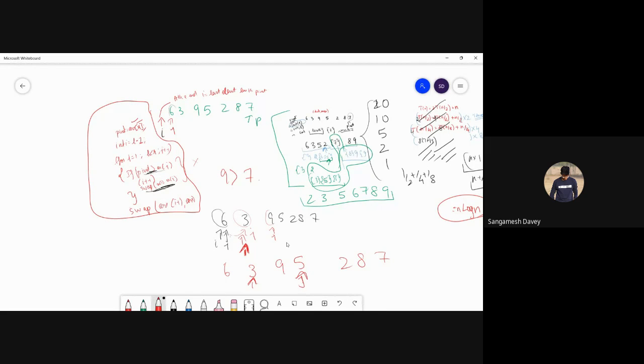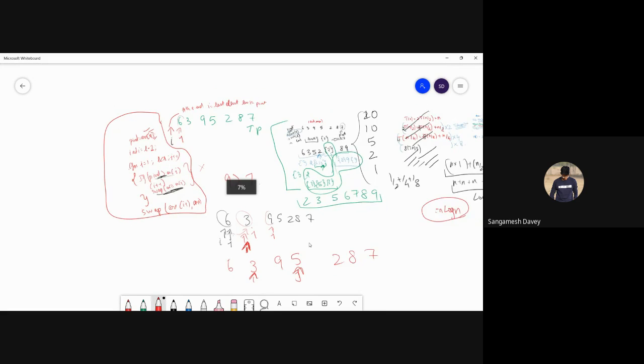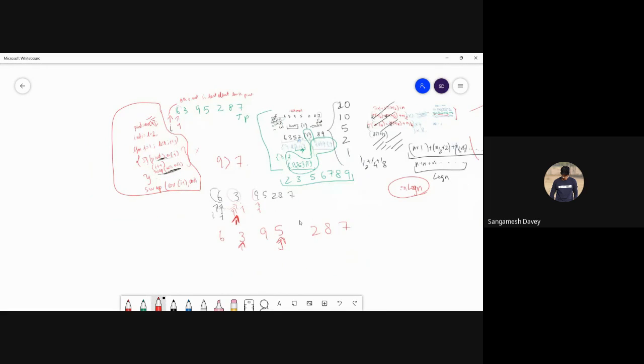Now I'll check j with 7. It is less than 7, so I will do i++ and then I will swap these two. So right now, i++ points to here.